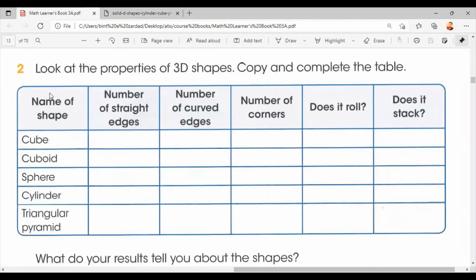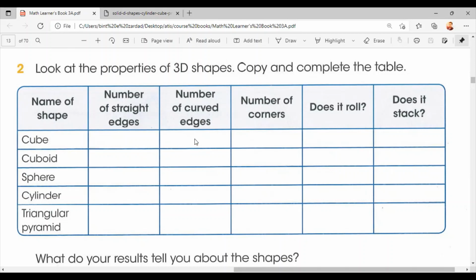Question number 2. Look at the properties of 3D shapes. Name of the shape: cube, cuboid, sphere, cylinder, and triangular pyramid. Number of straight edges: for cube it's 12 and cuboid also 12. But curved edges 0.